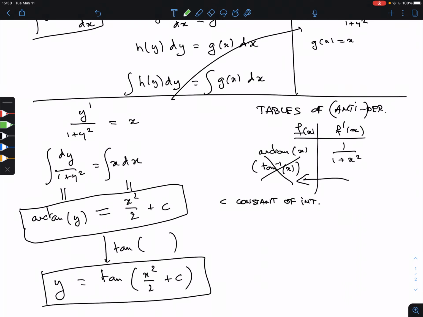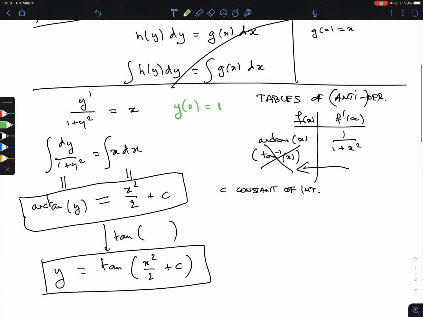So I do this in green, meaning it's the same question, but I add something to it. So remember, for a first order equation, this is just saying what is the value of y at some point. I'm going to use here y of 0 equals 1. Okay, let's look at this condition.